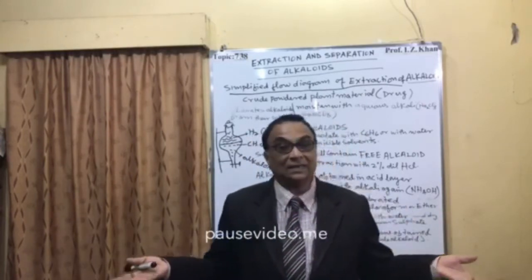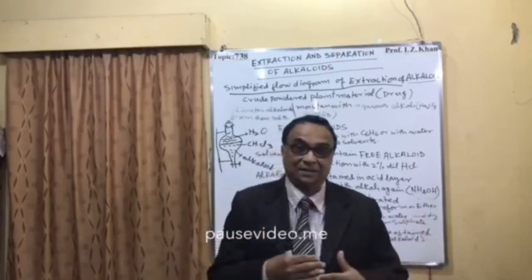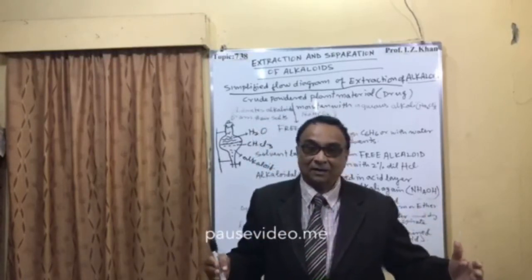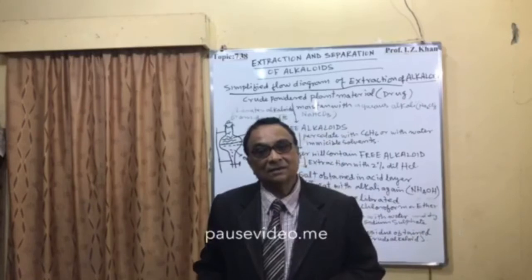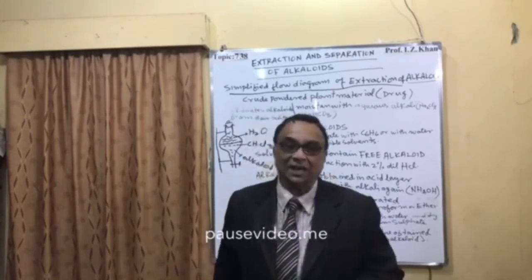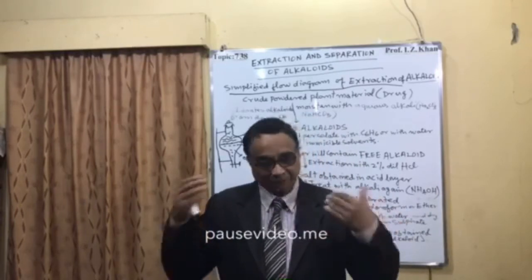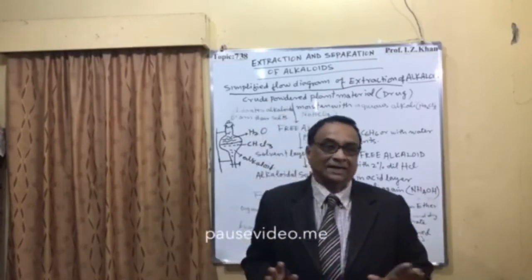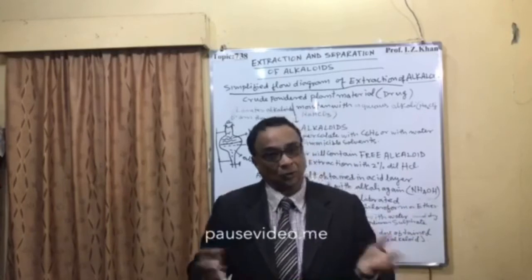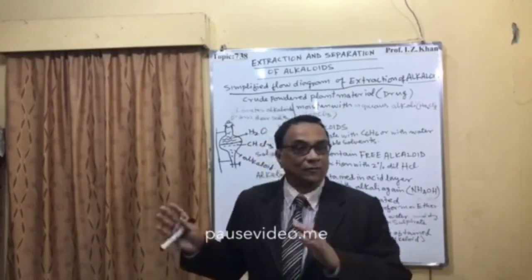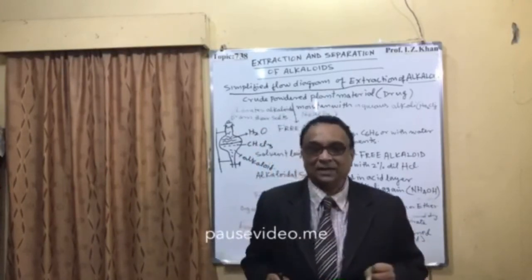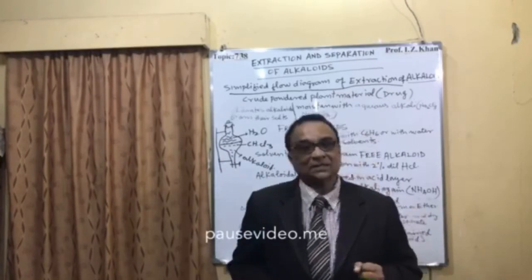So you cannot get separate layers of water and organic solvent. The best solvent for alkaloid, as per my experience, is chloroform, petroleum ether or benzene. Out of all these, the solubility I have seen for alkaloid is best in chloroform.